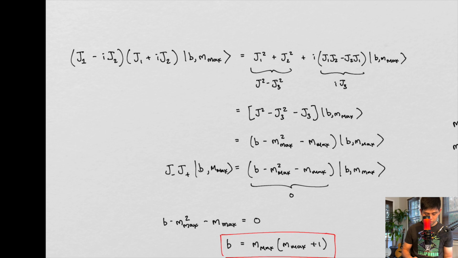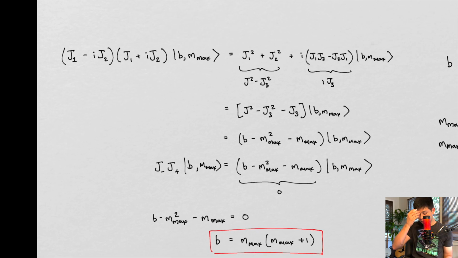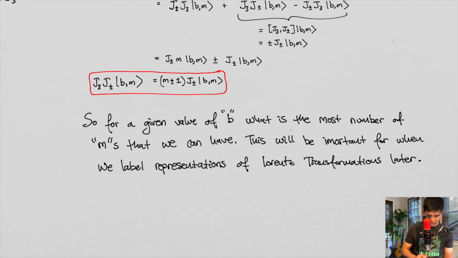To answer this question, we consider an M max. Let's take these two. What's this? This is J minus, and this is J plus. If we look back here, J minus and J plus, that's right here.